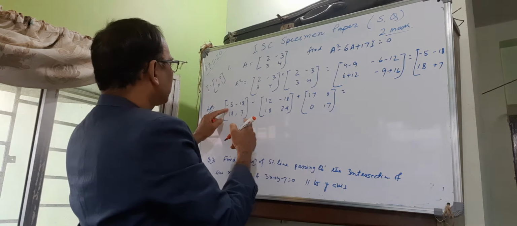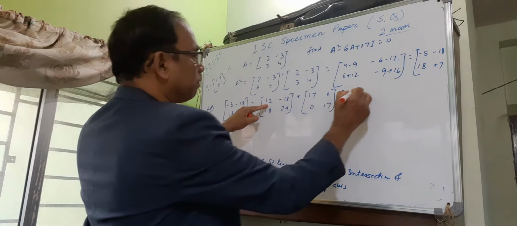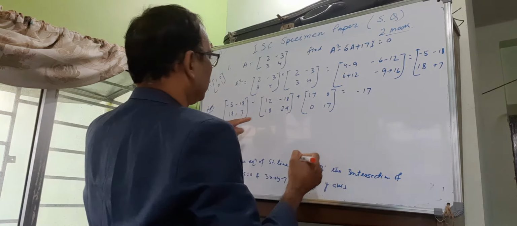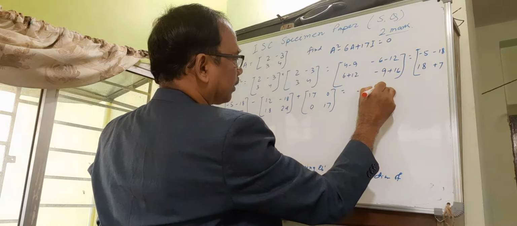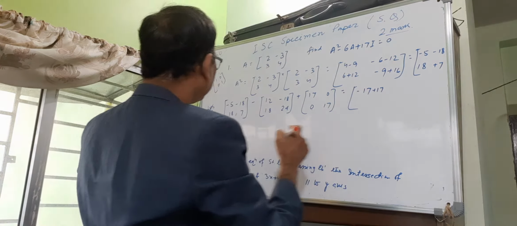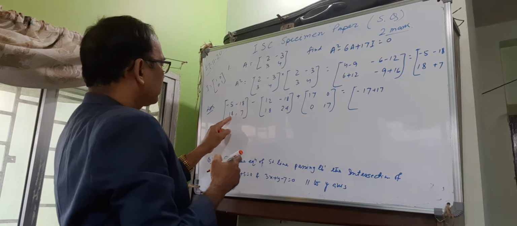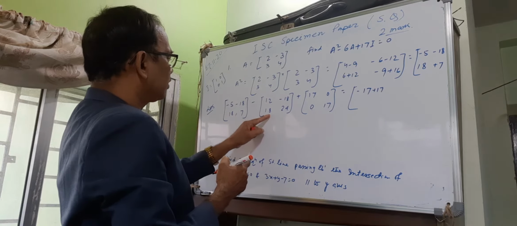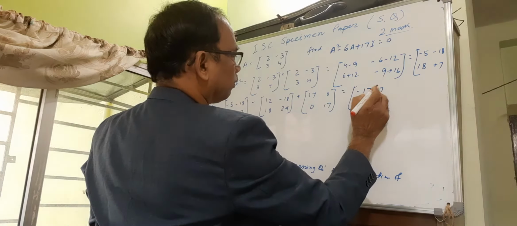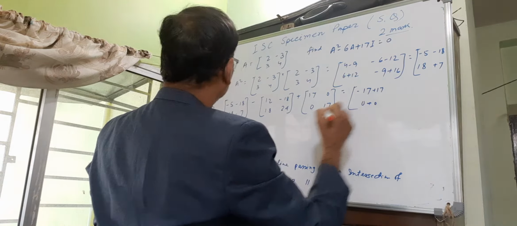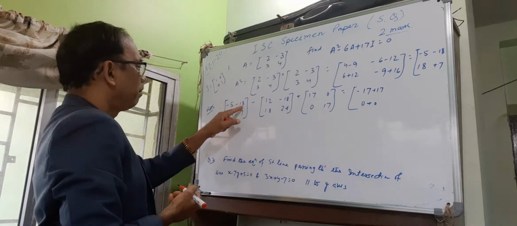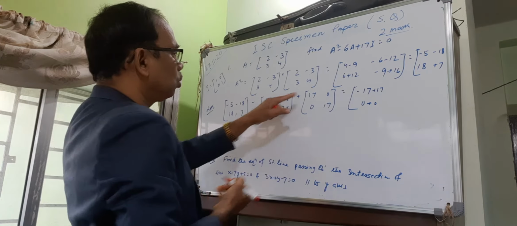There, minus 5 minus 12 is minus 17, plus 17. Minus 18 plus 18, 0, plus 0. Then minus 18 plus 18, 0, plus 0.